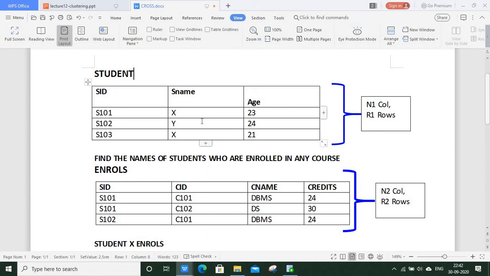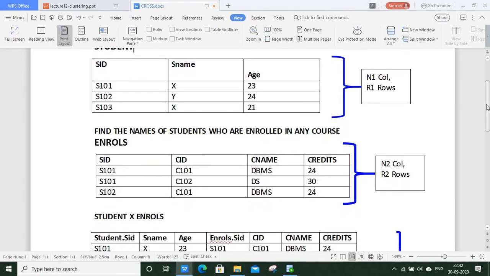When we take the cross product of two sets, we get a third set where the elements of the two sets are paired in every possible way, such that a single element from the first set is paired with all the elements present in the second set. The same approach is applicable to the cross join in SQL. So let us take these two tables and see how the cross join works.